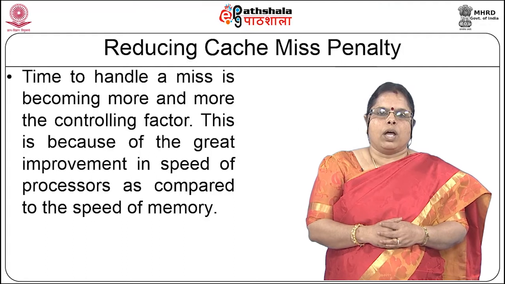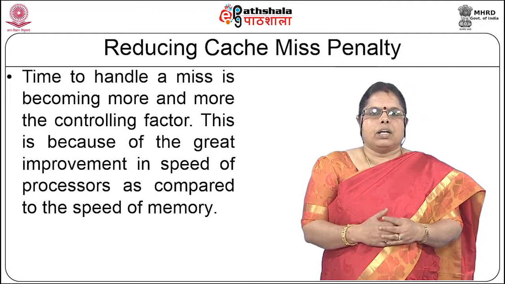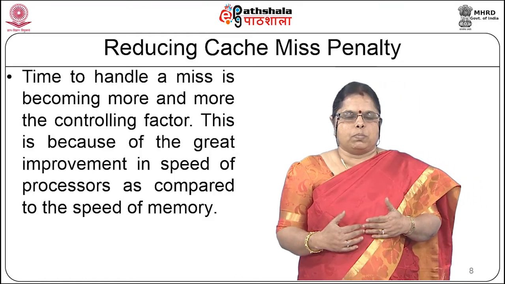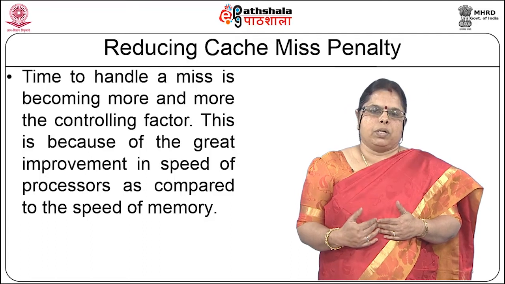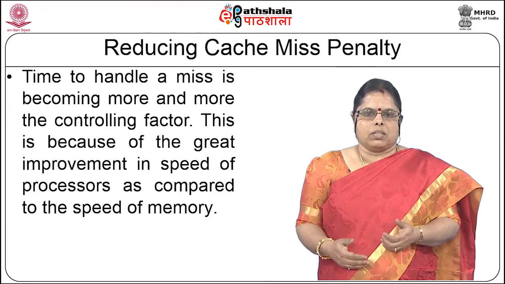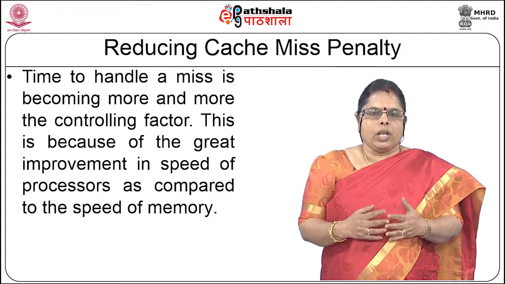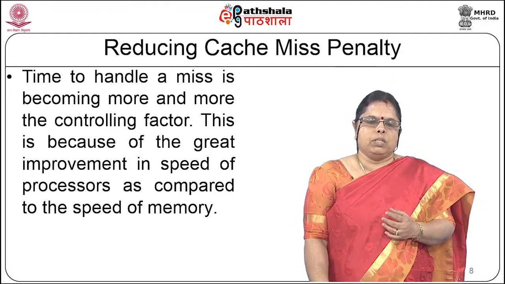The time to handle a miss is becoming more and more the controlling factor, because there has been a lot of improvement in processor speed and memory has not been keeping up. So memory access always becomes a bottleneck and the processor is stalled because of it. We will definitely have to look at effective measures that reduce the cache miss penalty.